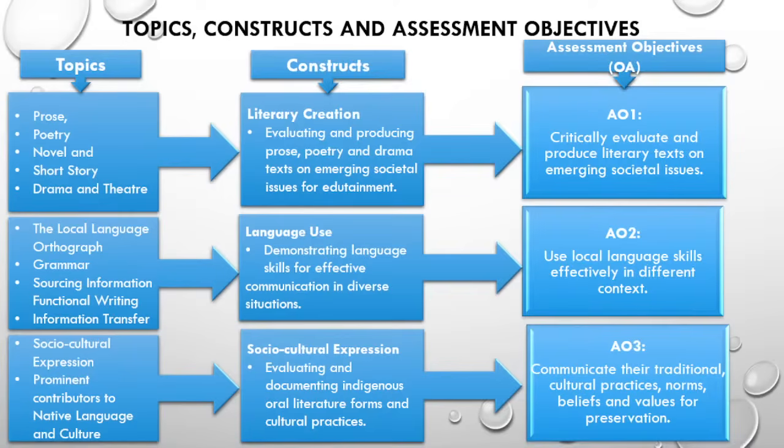These topics form the construct literary creation, whereby we have the description below: evaluating and producing prose, poetry, and drama texts on emerging societal issues for edutainment. And this construct gives us assessment objective 1: critically evaluate and produce literary texts on emerging societal issues.